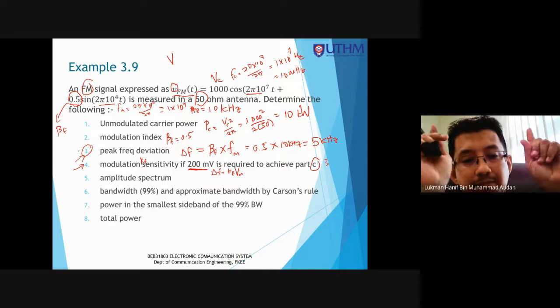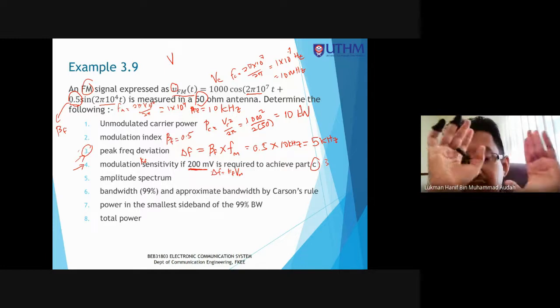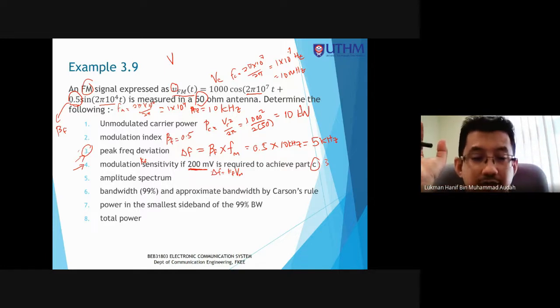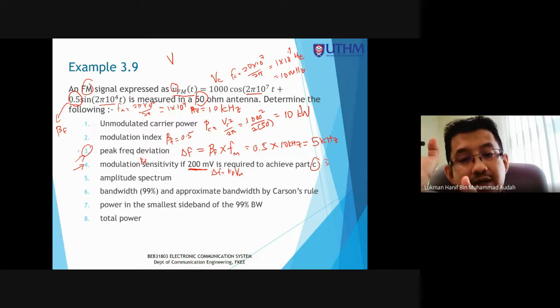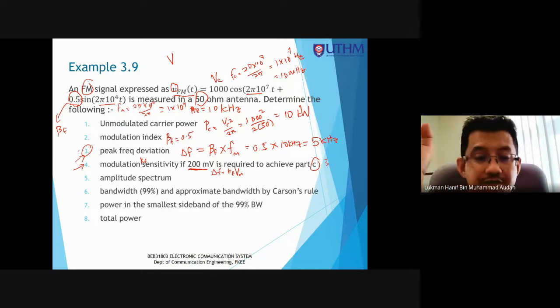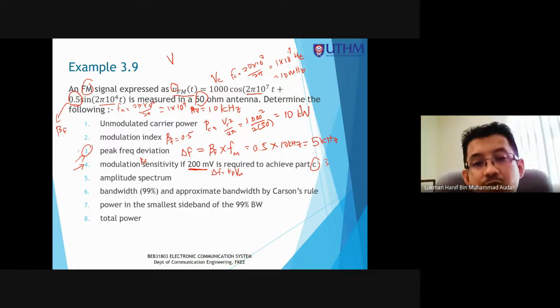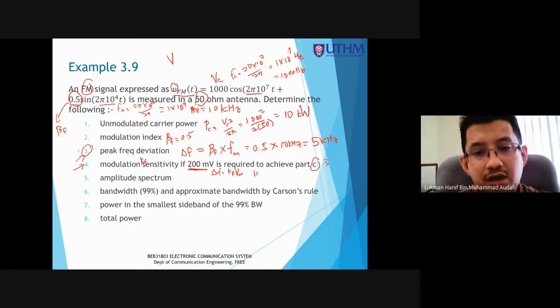Previously the parameter Vm was not given. Now it is given because frequency deviation is directly proportional to Vm. So when you want to find Kf, Kf is equal to delta F over Vm.